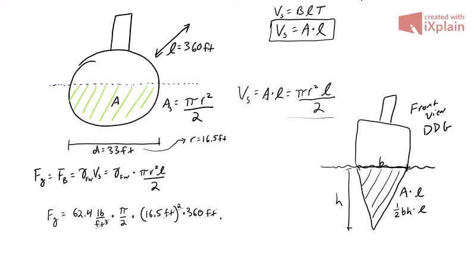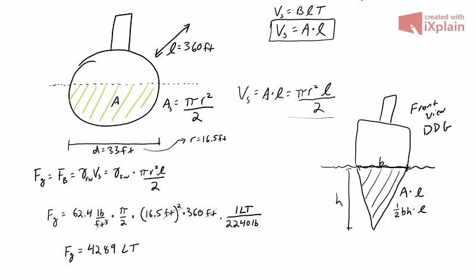Then to remove the pounds, we can say that 2,240 pounds is equal to 1 long ton. We go through and calculate that all out, and we get that the weight of the submarine is 4,289 long tons.